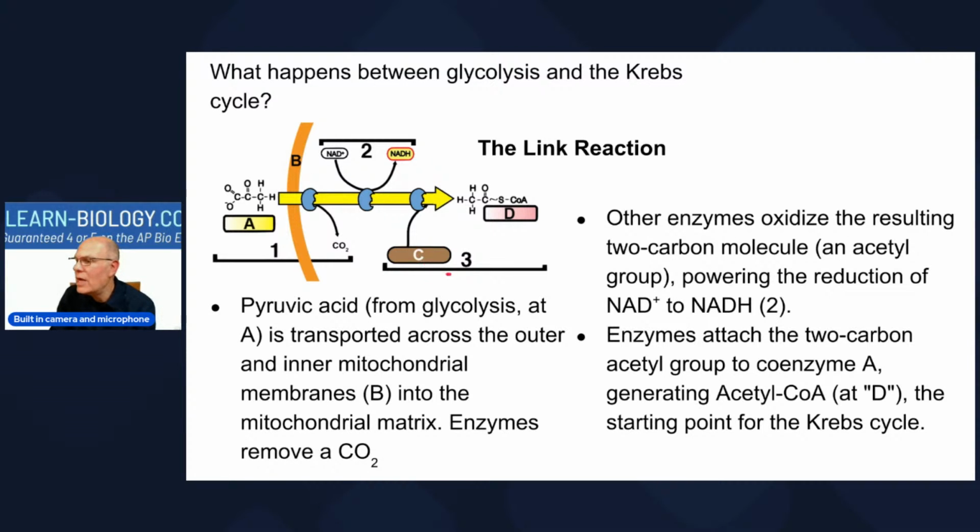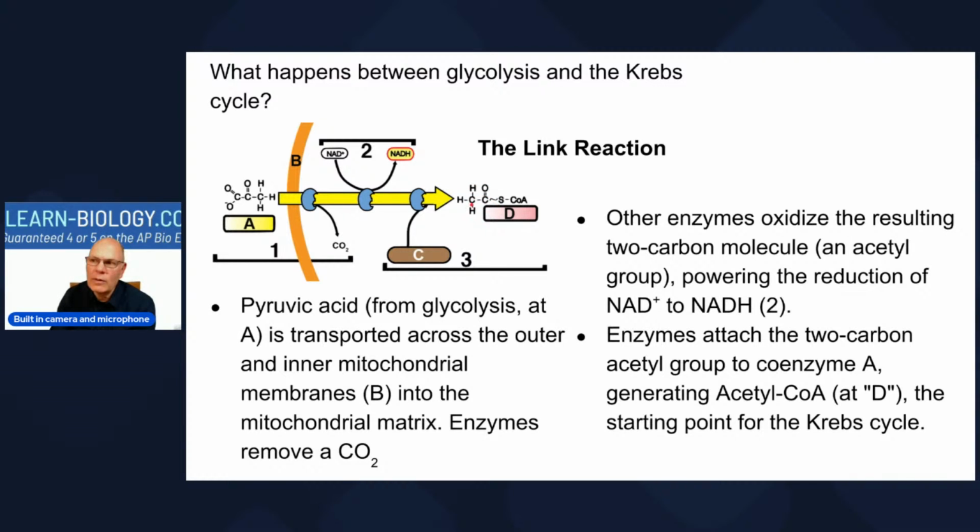And then finally, another enzyme is going to attach the 2-carbon fragment that's left. We took off 1 carbon over here, got 2 carbons right here, and it's going to attach it to a carrier molecule called acetyl-CoA, coenzyme A. It's a much bigger thing than is really shown over here, but you really don't need to know anything about it. You just need to know that it carries these 2 carbons onto the next phase of cellular respiration, which is the Krebs cycle.